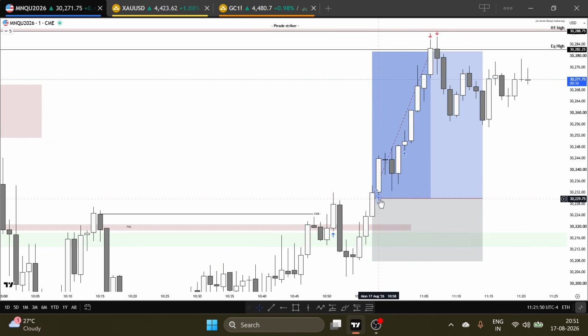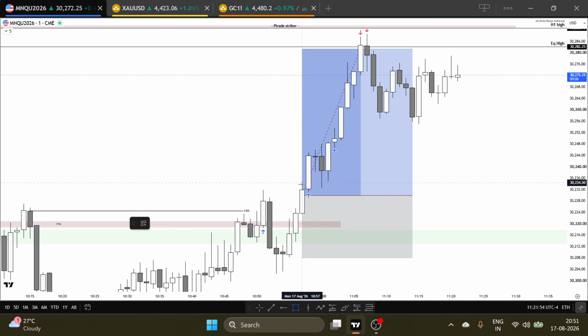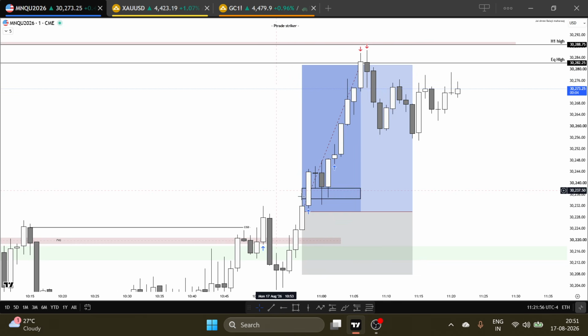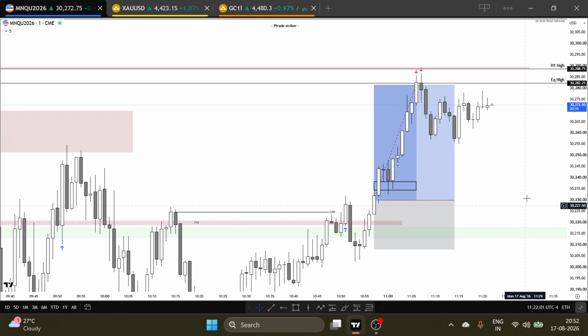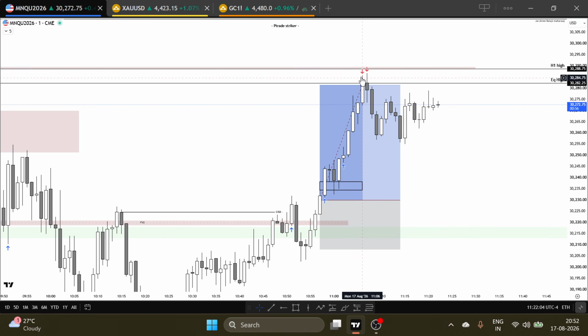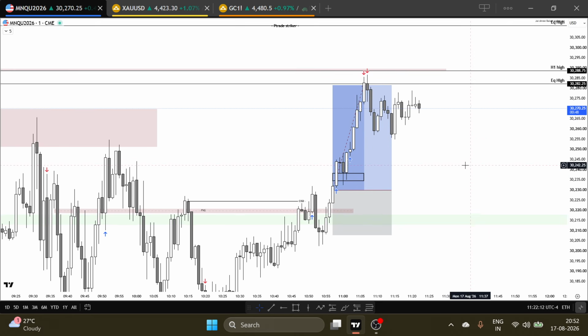This is creating a wick, then starting a body, and when I saw price keep respecting this fair value gap, I executed my next position here with my stop loss below this candle. I booked my first position on this equal high, and on the second position I trailed my SL below this M1 candle low.